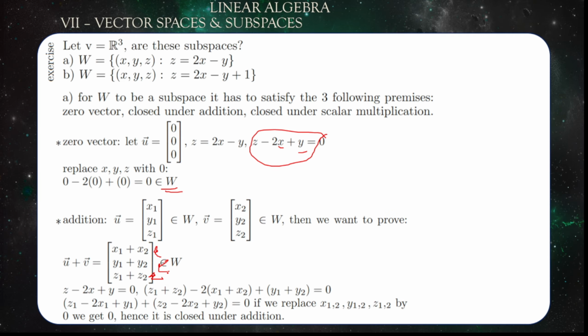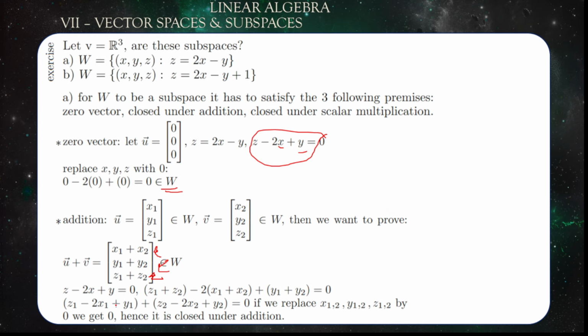Okay, so you have z1 plus z2 minus 2 times x1 plus x2 plus y1 plus y2 is equal to 0. You break it down. You move the arguments with index 1 to one side, and the arguments with index number 2 to the other side.